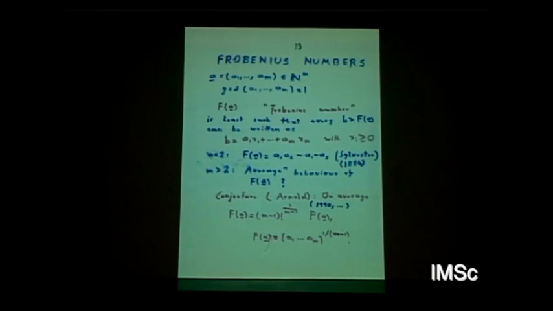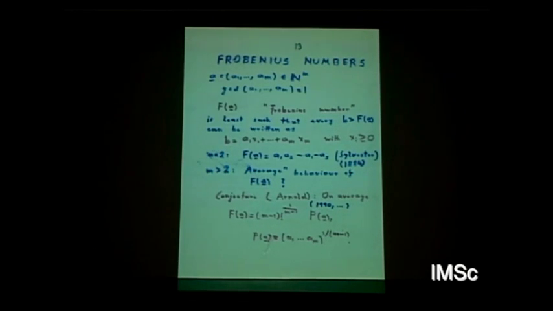And when asked what the average behavior of the Frobenius number is, Arnold, starting in 1990, made some conjectures about this, namely that on average, it should be some factor (n-1)! to some exponent, times P of A, where P of A is the product of the a_i's with exponent 1 over n-1.